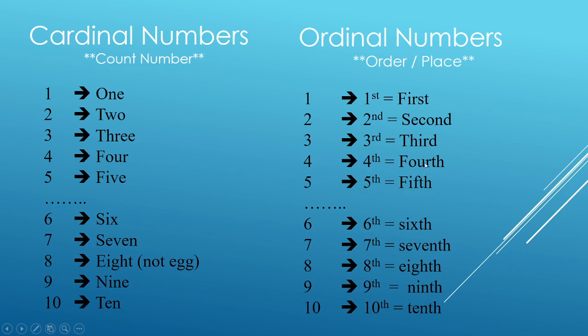After the third place, everything we just add a TH to it. With the TH, we use an F sound. So for number 4, we just say 4. For fourth place, we add a TH at the end: fourth. Fifth. Please remember this because these numbers will be very important as we go with ordinal numbers, or order and places.